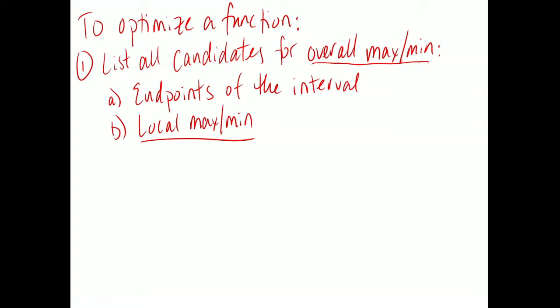It just means close by, or in the neighborhood. So the local max and mins, what are these? These are the so-called peaks and valleys. Okay, so it's just a fancy word. Local max, local min. Local max refers to peaks. Local min refers to valleys.